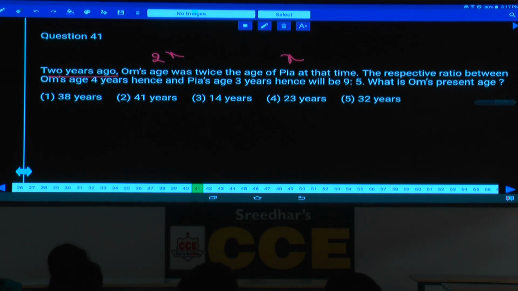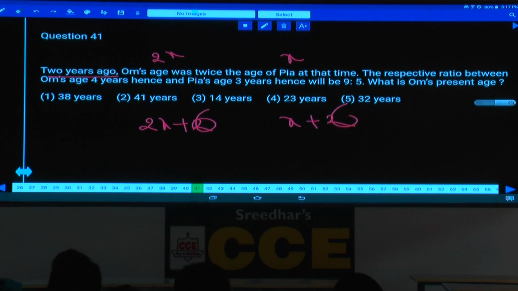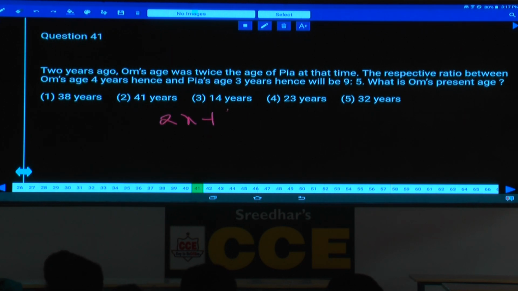Then present age of Ohm is 2x plus 2 and pi's age x plus 2. And you are given the ratio after 4 years. Ohm's age 4 years hence is 2x plus 6, pi's age 3 years hence is x plus 5, which is equal to 9 by 5.